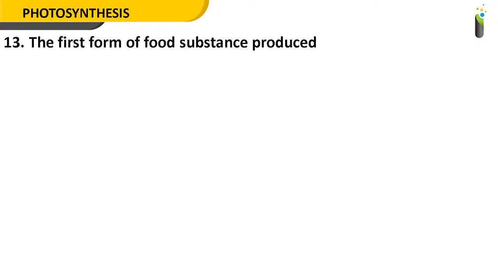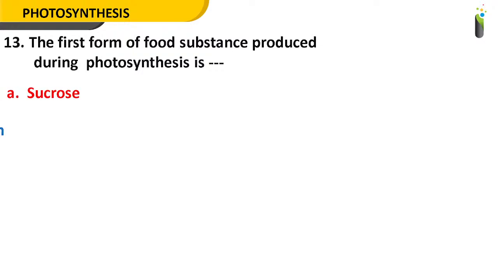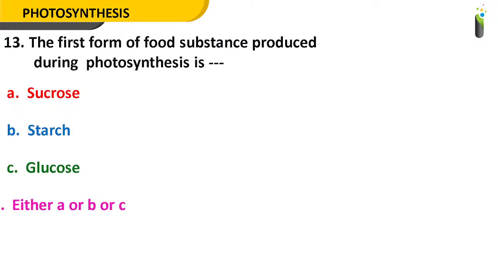Coming to the next question, number 13. The first form of food substance produced during photosynthesis is dash. A. Sucrose, B. Starch, C. Glucose, D. Either A or B or C. Quite an easier question.